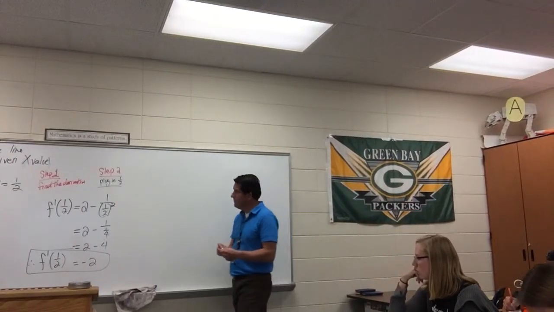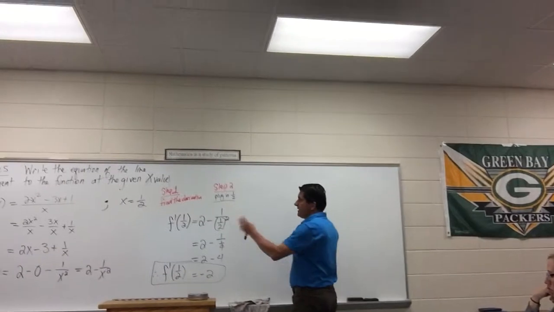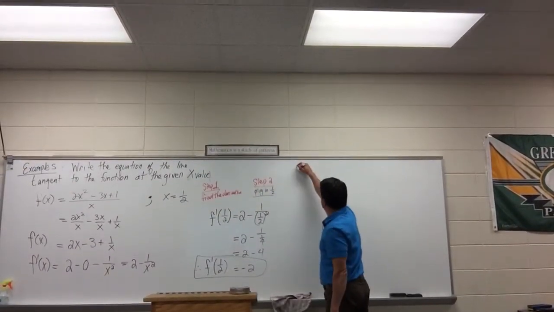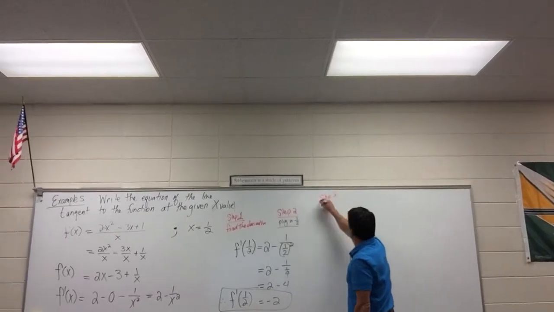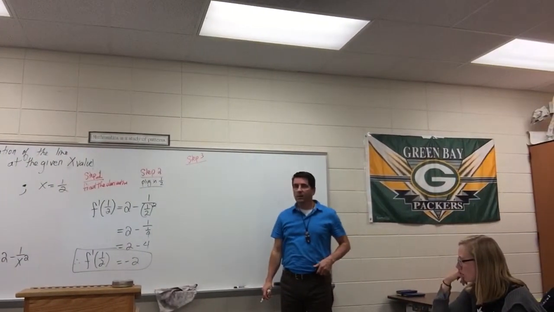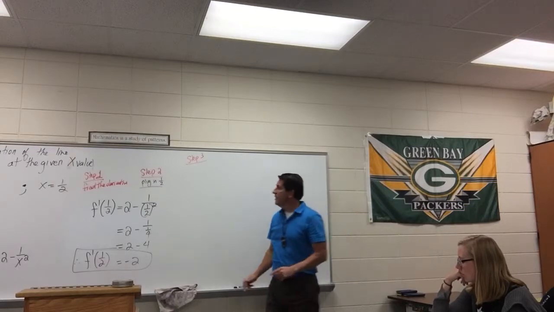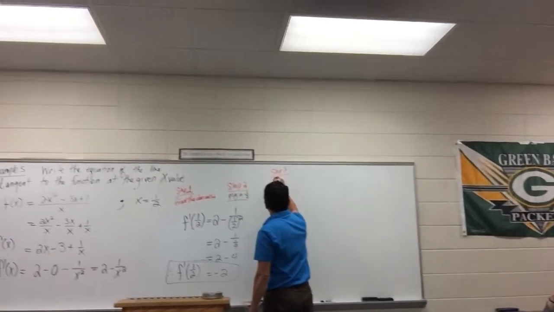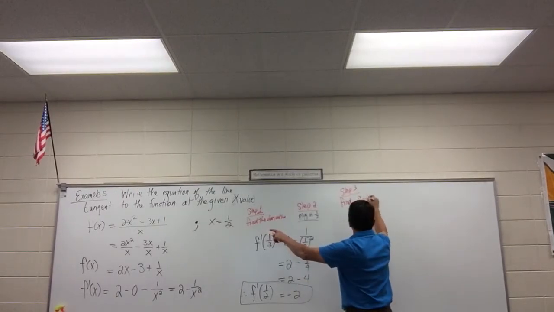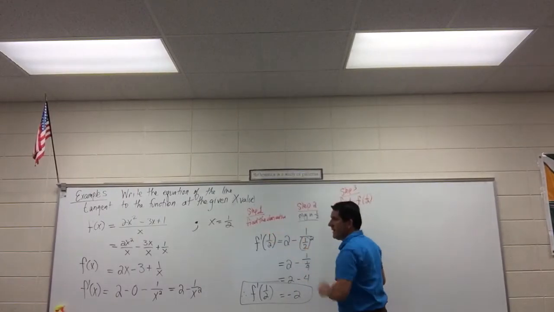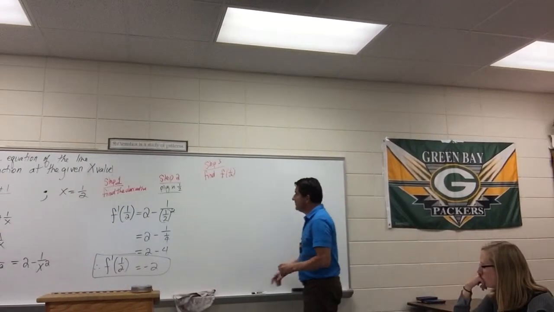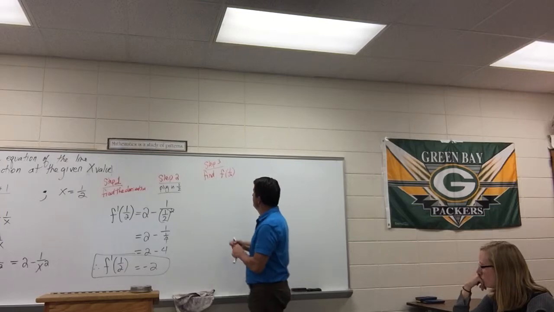Okay, so far so good. Back to the original, we got to write the equation of the line. What else do we need? Say it again. I need a y-coordinate, right? So we need to find f of 1/2. That we need the y-coordinate for the function.